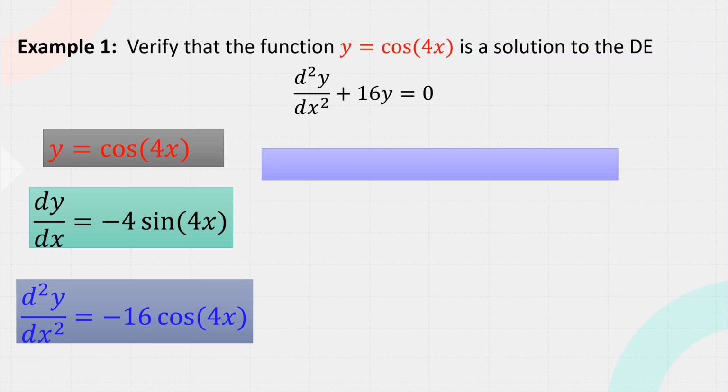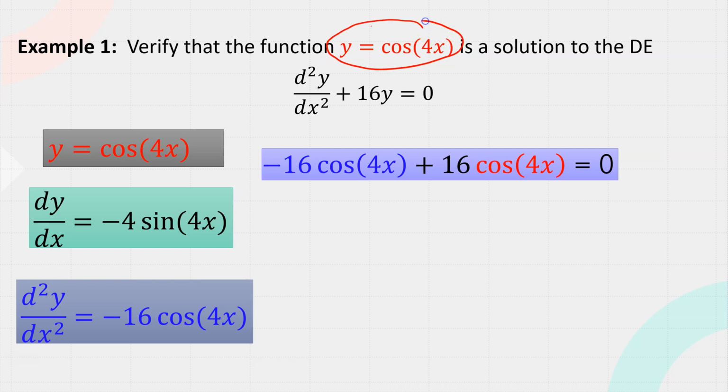Now, if we plug that into our differential equation, we would have the second derivative, which is negative 16 cosine of 4x, plus 16 multiplied by y, and y is cosine of 4x. Now that is definitely going to equal 0.